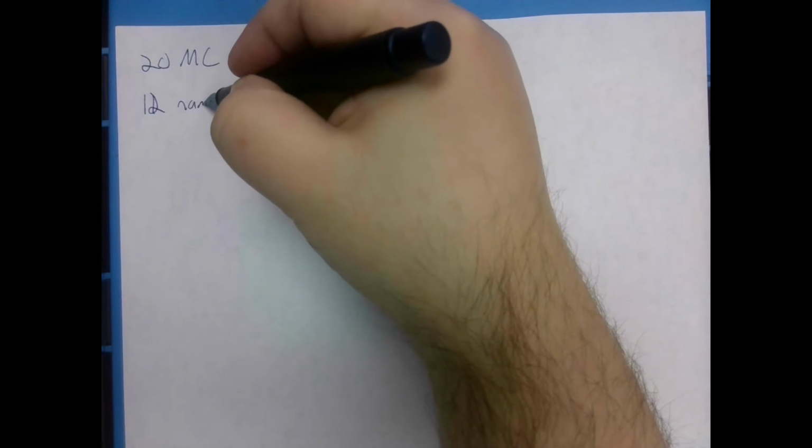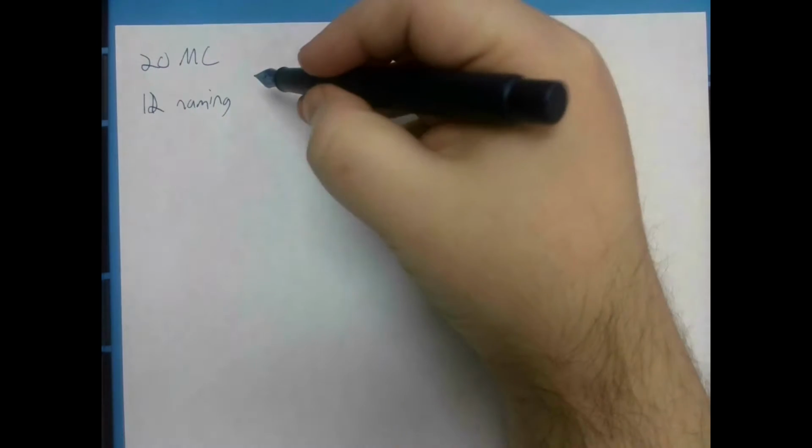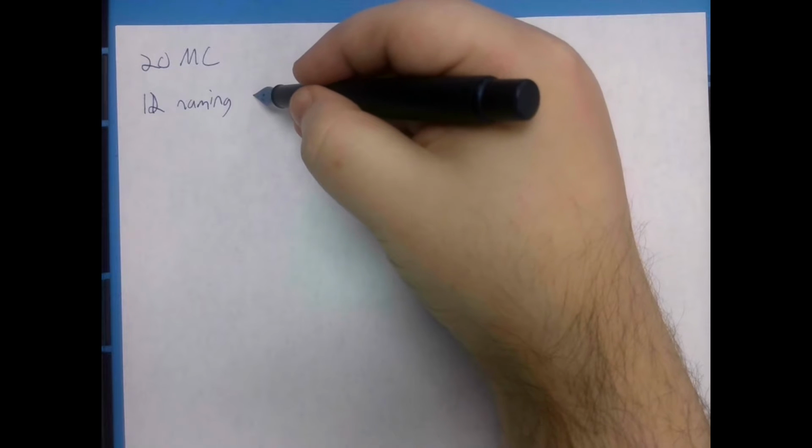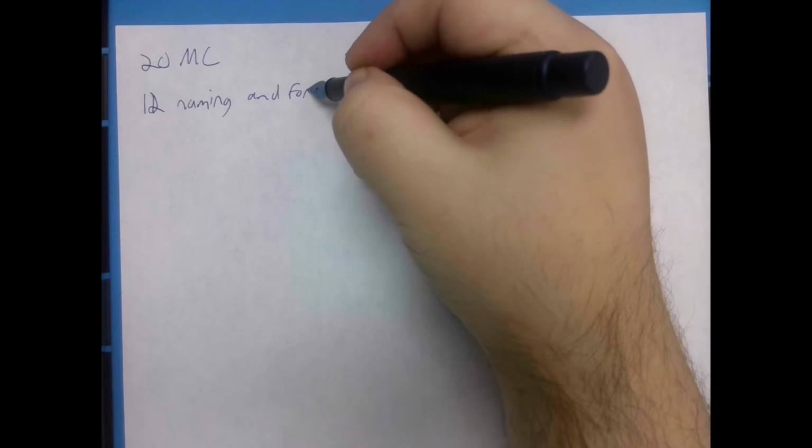So naming, they're not multiple choice, you have to actually write the name. This includes actually naming and formula. So going both ways, going from a formula to a name, and from a name to a formula.